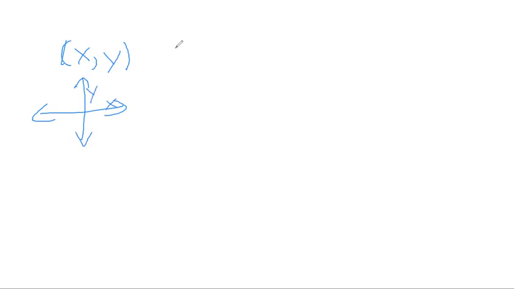Well, polar coordinates, instead of having X, Y, we now have r and theta, where we have a radius r and a particular angle theta. So my radius is from here to here, and then say this is my theta.